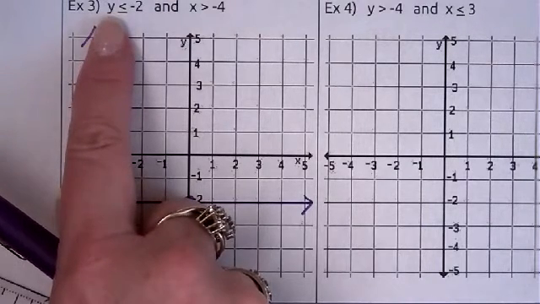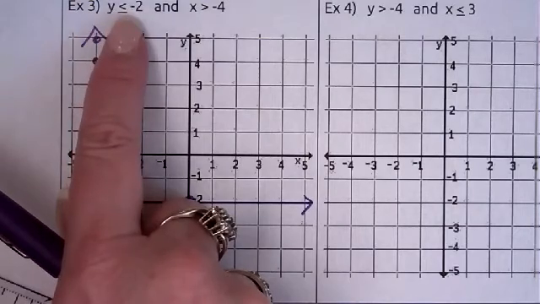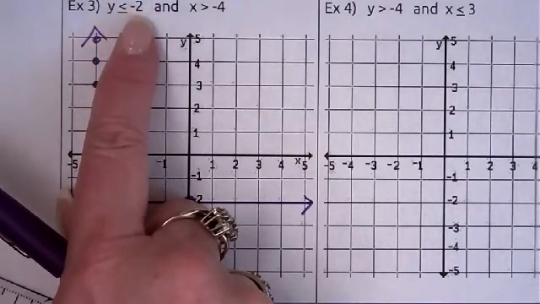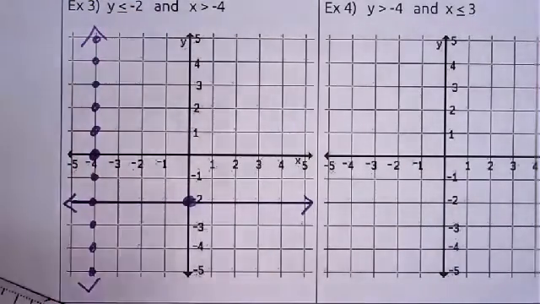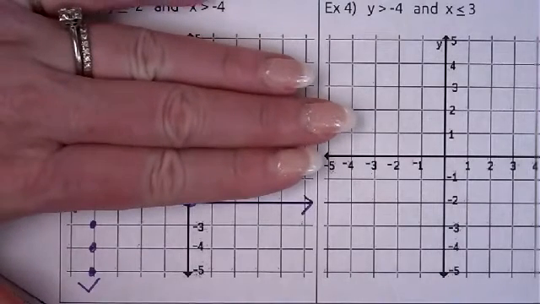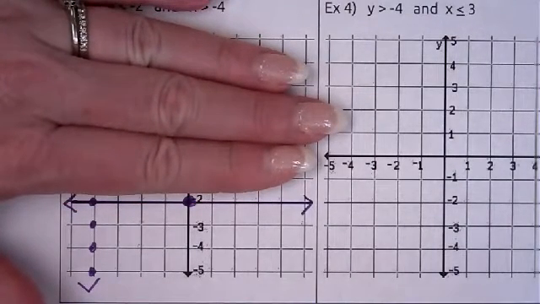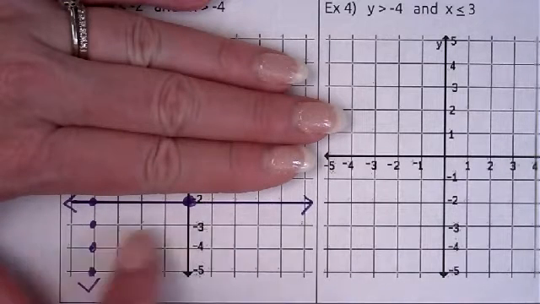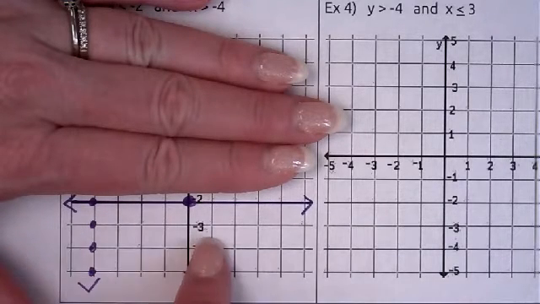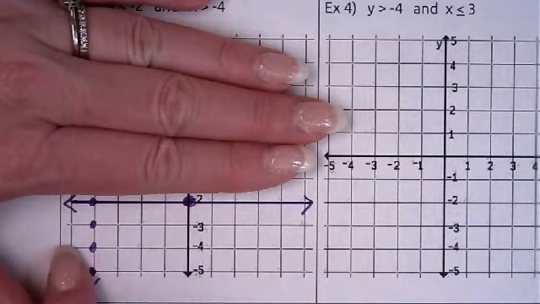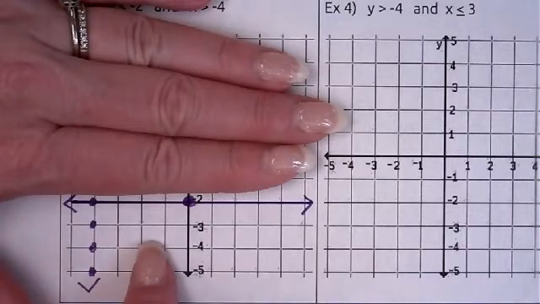It says that y has to be less than or equal to -2. That means I cannot be anywhere above that y line. Okay, the only places I can be is down here. So it's got to be either here or here.